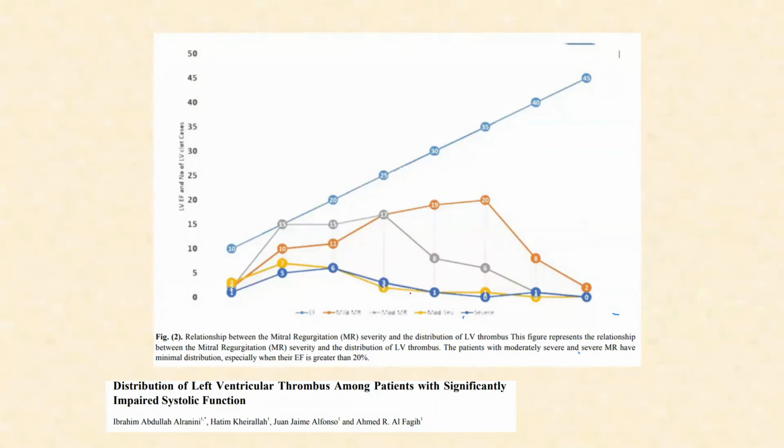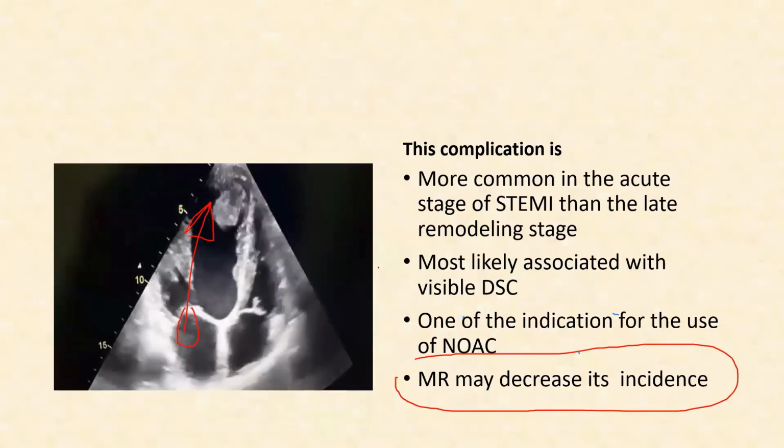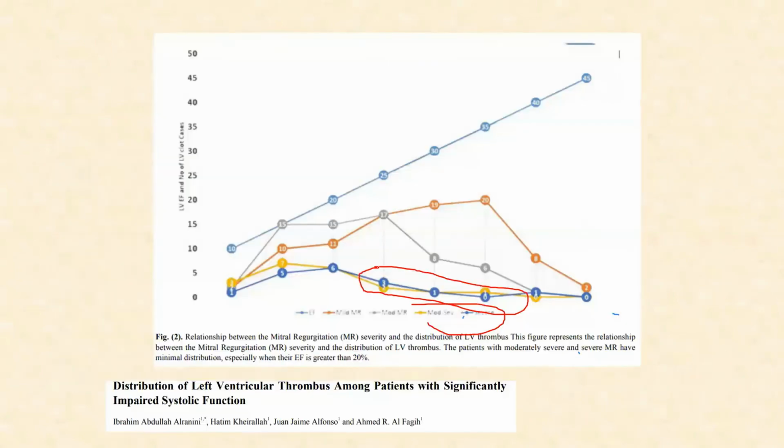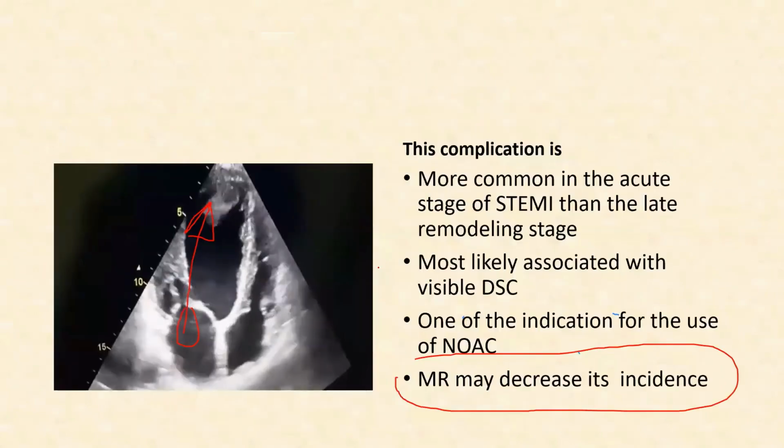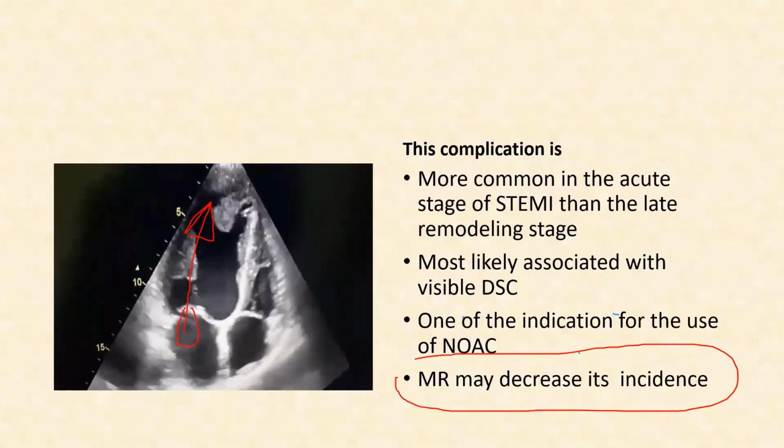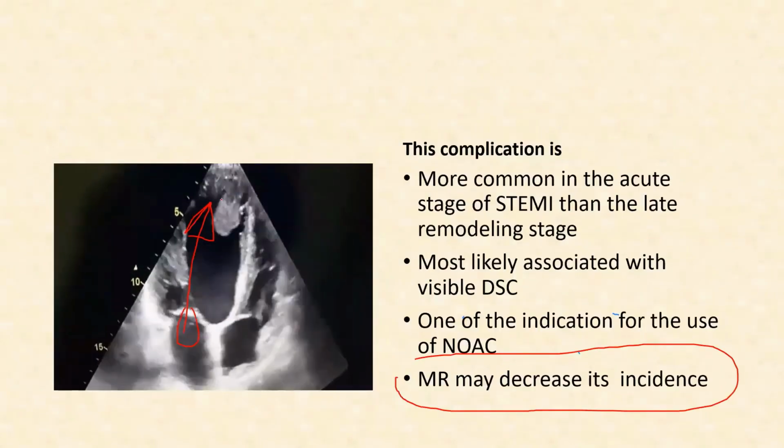We found that with moderately severe to severe MR, the distribution of LV thrombus tends to be low. So as if MR is a little bit protective. Theoretically, and from studies, MR might decrease the incidence of LV thrombus.